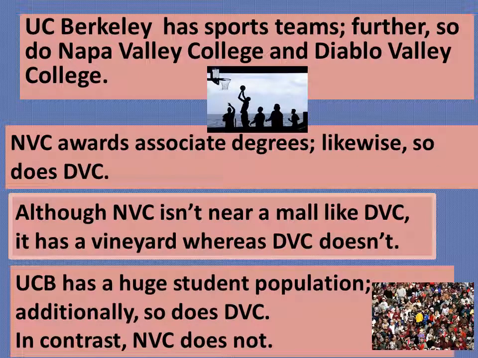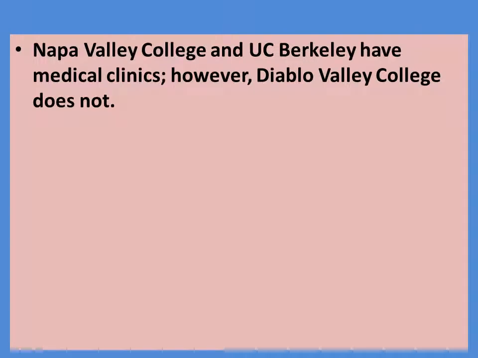And we have UC Berkeley has a huge student population. Additionally, so does DVC. In contrast, NVC does not. So the additionally shows us what's the same. In contrast shows us what's different. Napa Valley College and UC Berkeley have medical clinics.